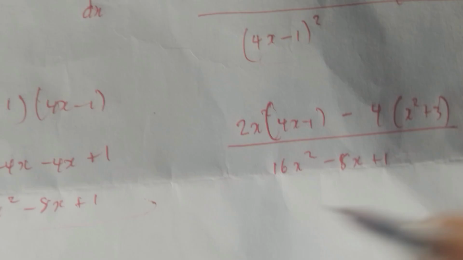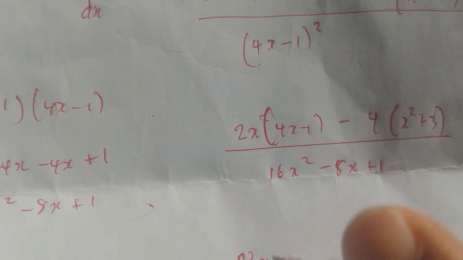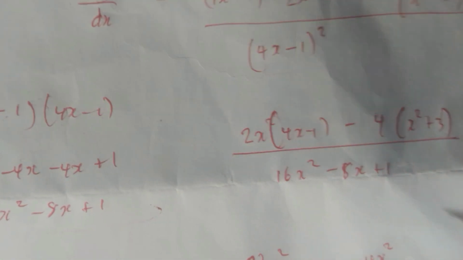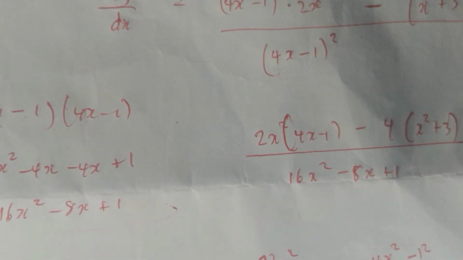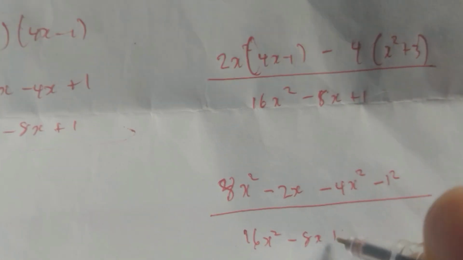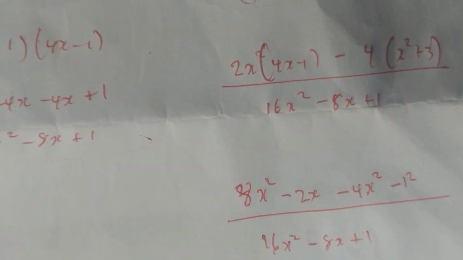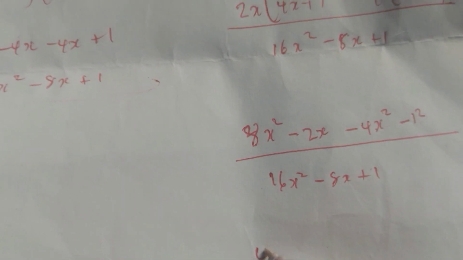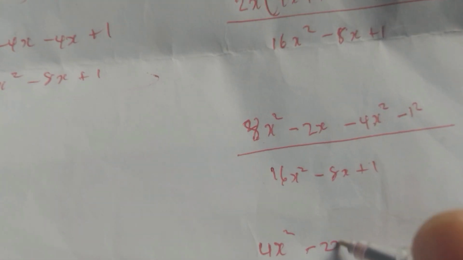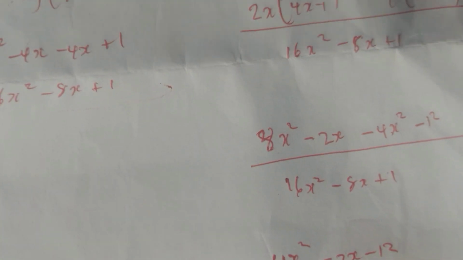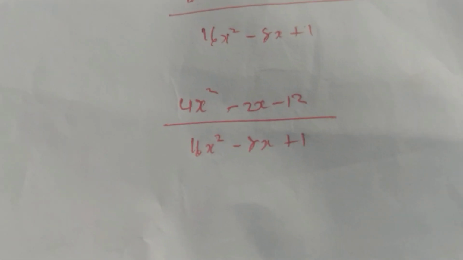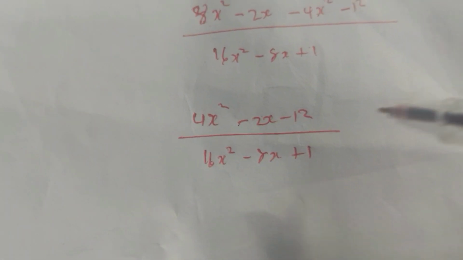So let's expand this. We're going to have 8x squared minus 2x minus 4x squared minus 12 all over 16x squared minus 8x plus 1. So this will give us 4x squared, because this minus this will go, minus 2x minus 12 all over 16x squared minus 8x plus 1. So these are two quadratic functions, and this will be the final answer.